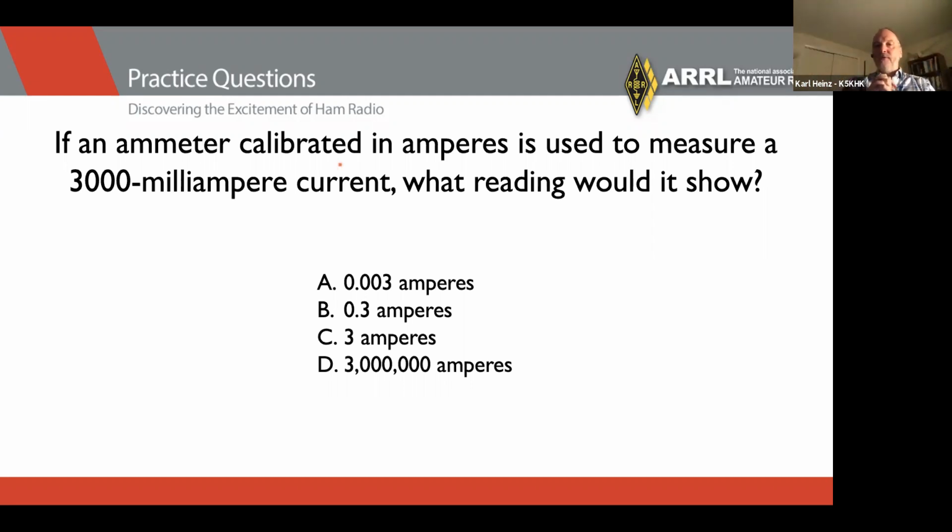What can we convert that to? Amps. Yes, and how many amps would that be? There's only one answer in there that moves it 3 decimals, which would be 3 places. Yeah, it would be 3.